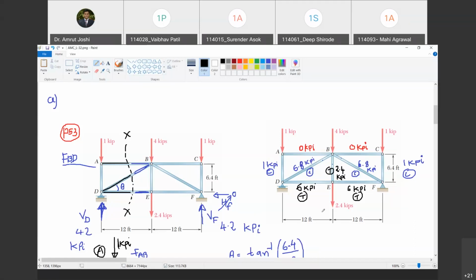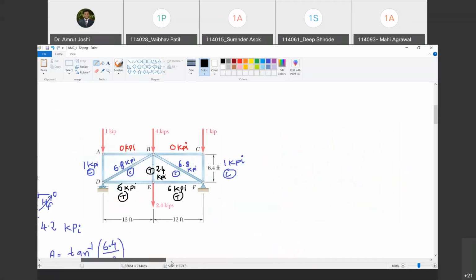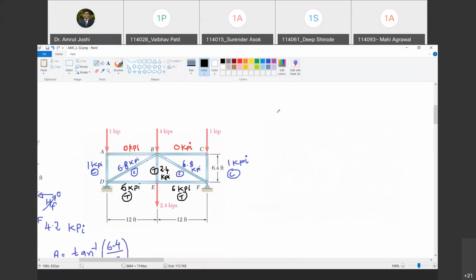Yes, sir. So forces in all the members have been found out. Now I want you to observe some things, and that is going to lead us to the next step in truss analysis. So observations. Observation number 1.